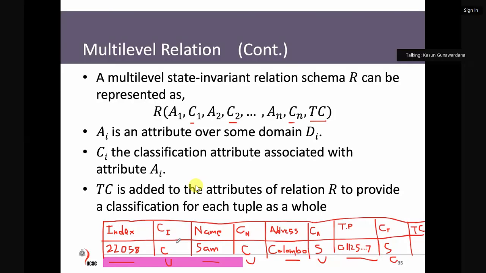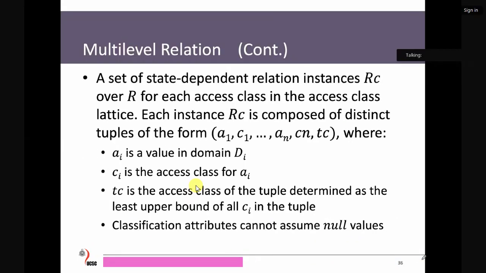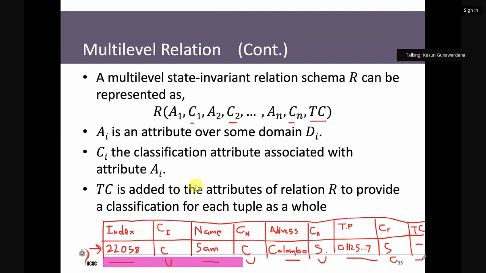We know that in this particular row there are multiple levels involved, like confidential and secret. So if we take this row as a whole, what is the label that we are going to use? That should be marked here.